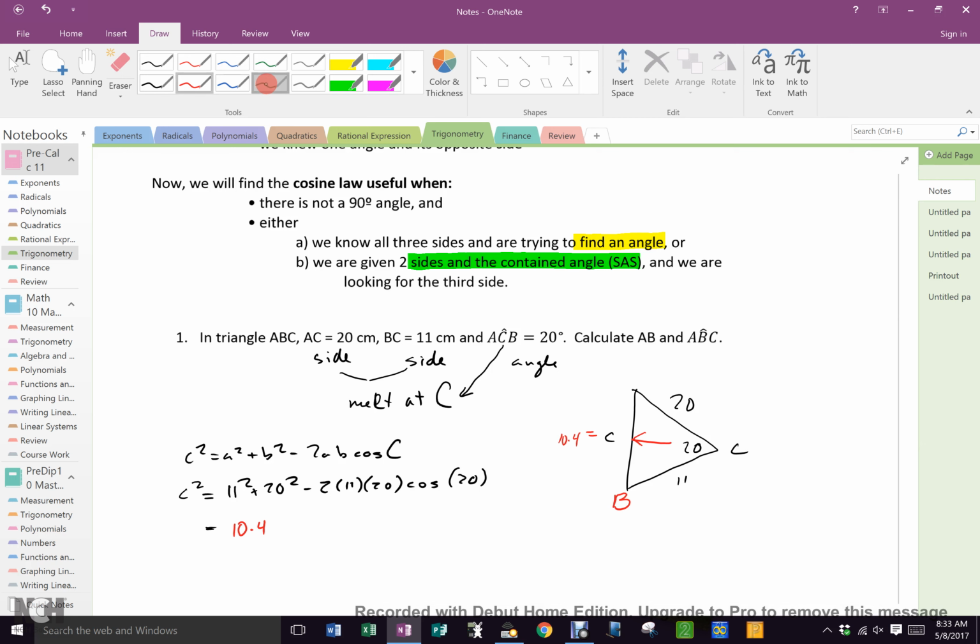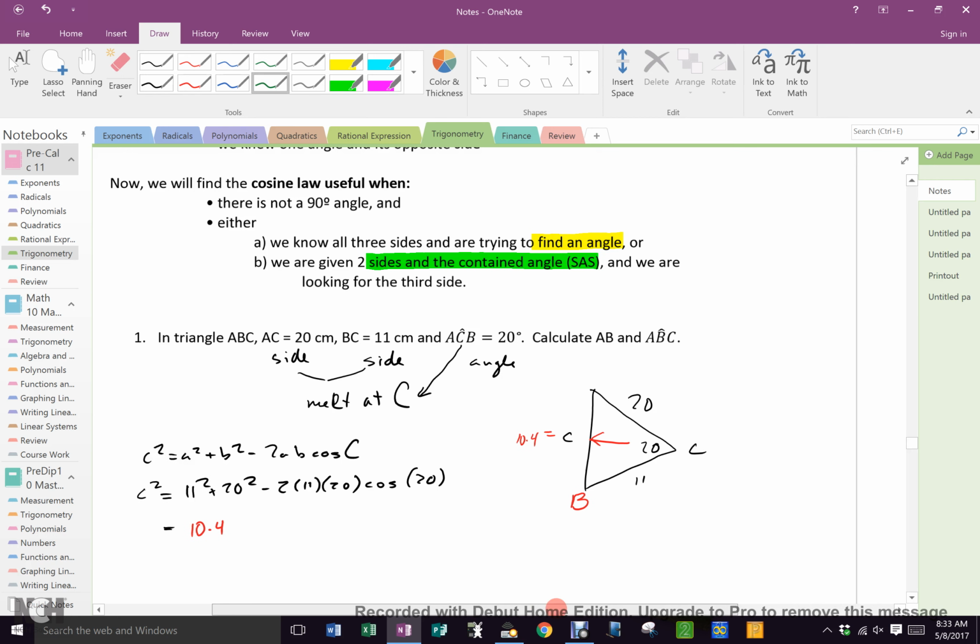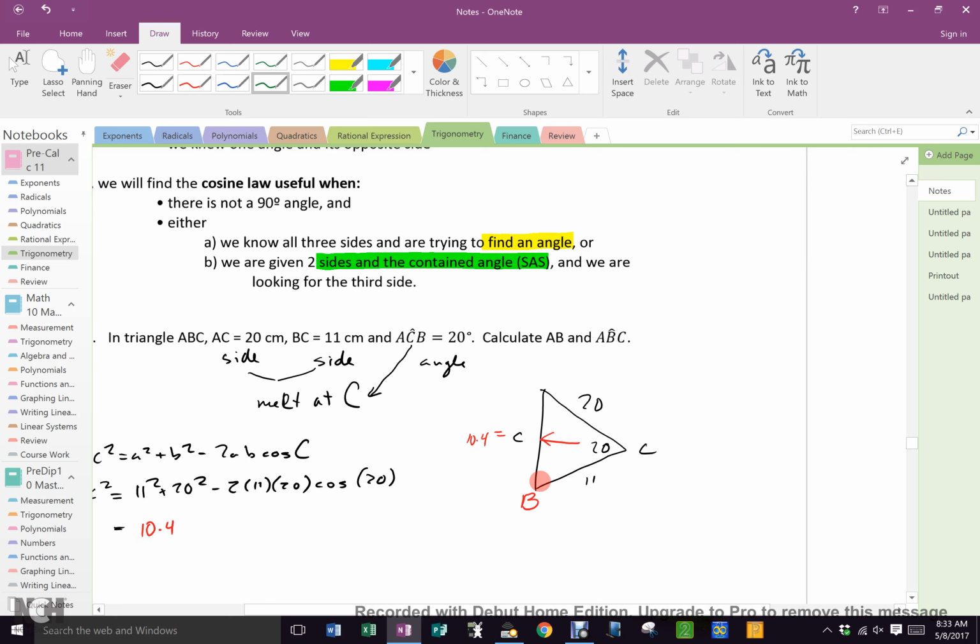So we all know we're going to do sine law now, and our sine law to find B is sine 20, and I'm going to write 10.4, but I know it's that big number that's on my machine, yes? Equals sine what? Sine B over what?